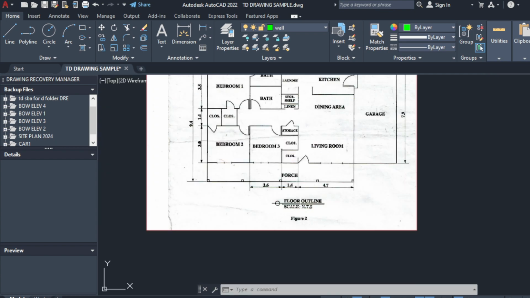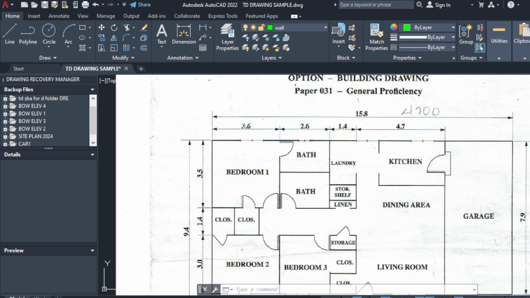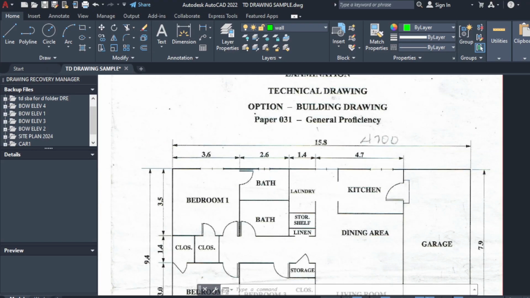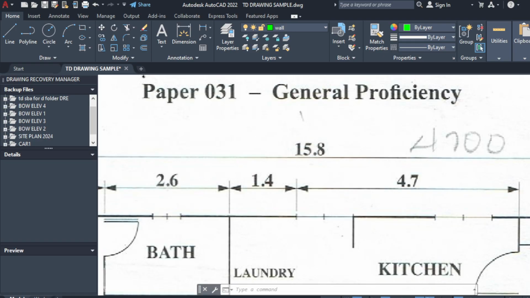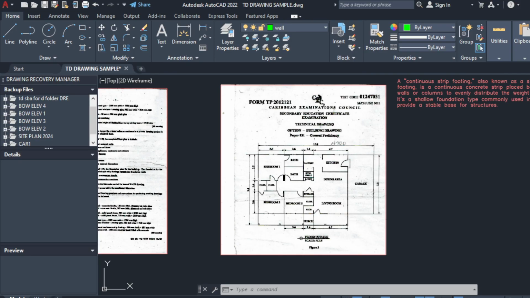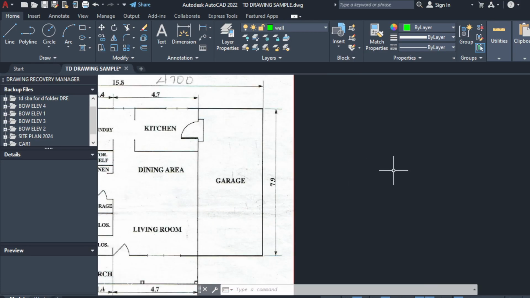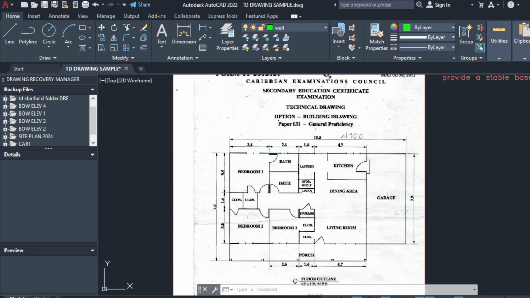The measurements are in meters. The total length of the building is 15.8 meters and the total width of the building is 9.4 meters.